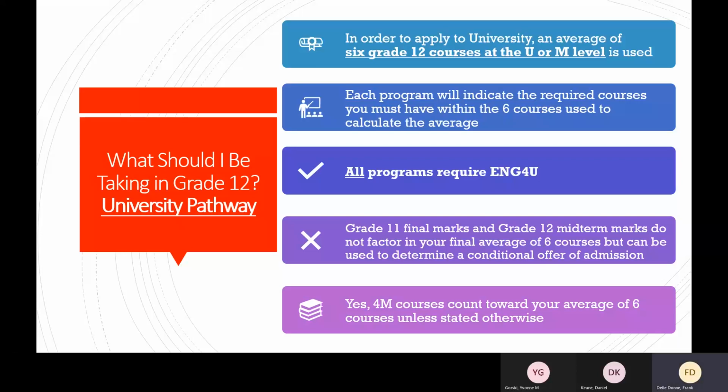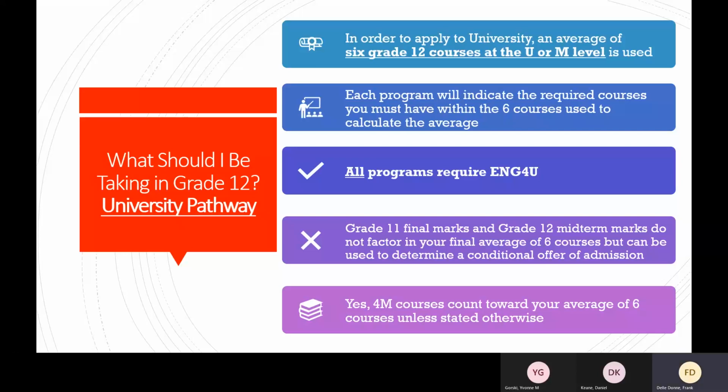Grade 11 marks right now are important. Ultimately, it is your final grade 12 marks that count, but know that grade 11 marks and grade 12 midterm marks can be used to determine a conditional offer of admission.